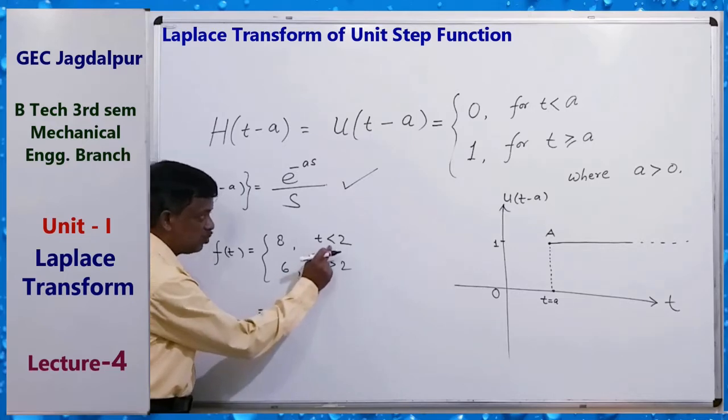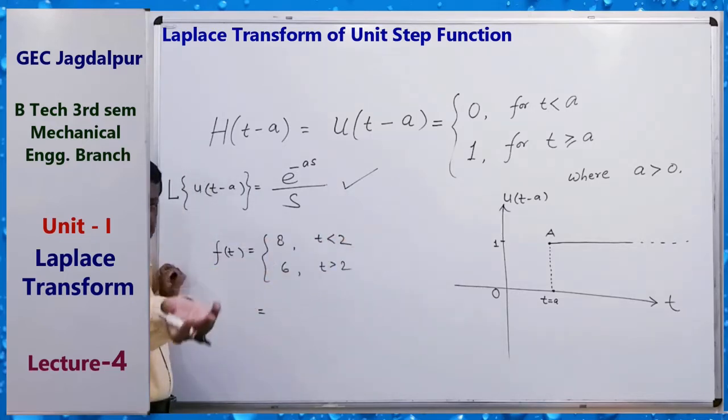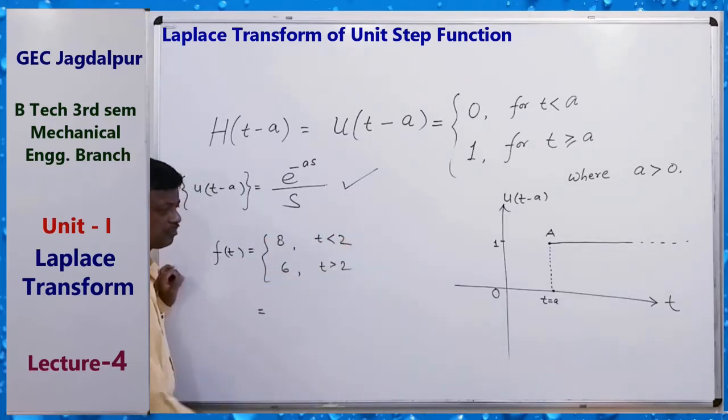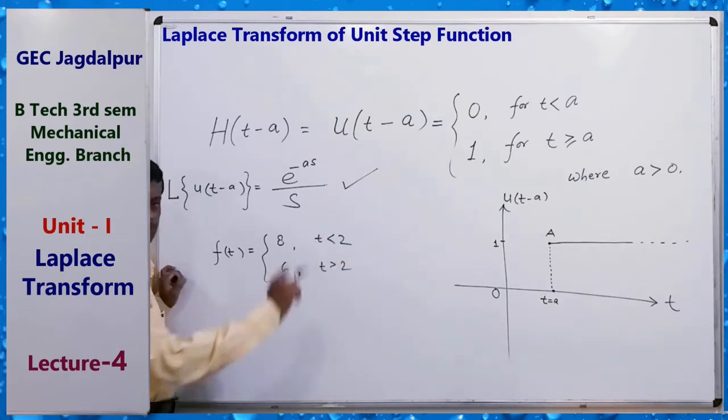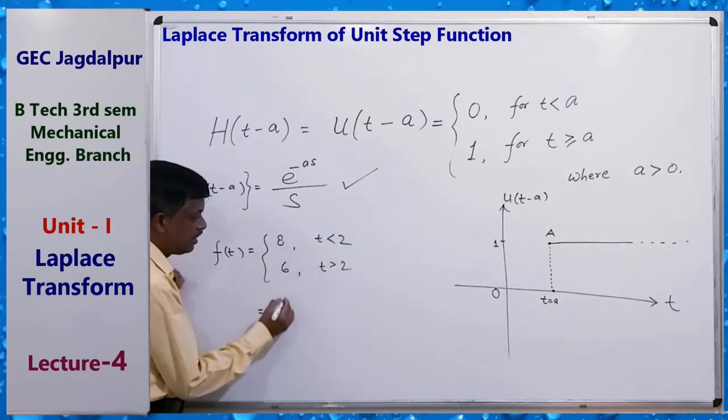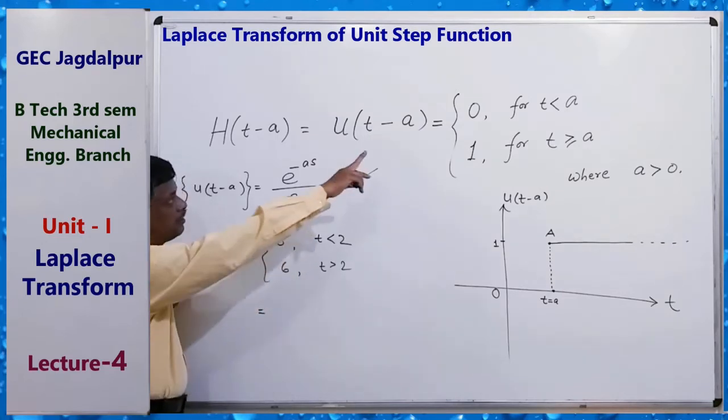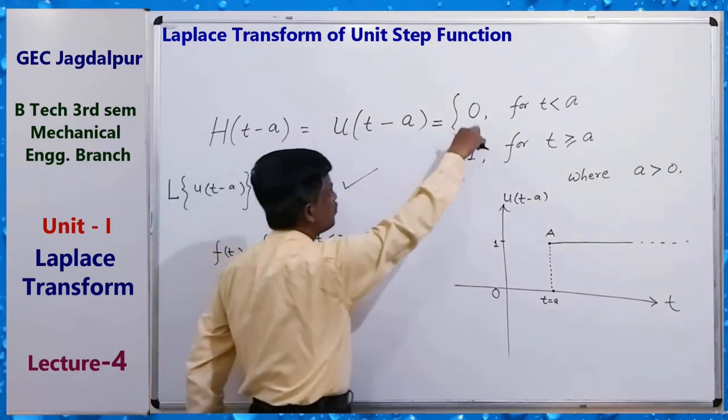For t less than 2, in place of a, suppose there is 2, then the unit step function is equal to 0, 1.